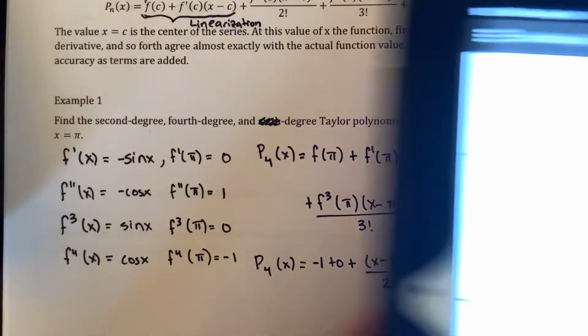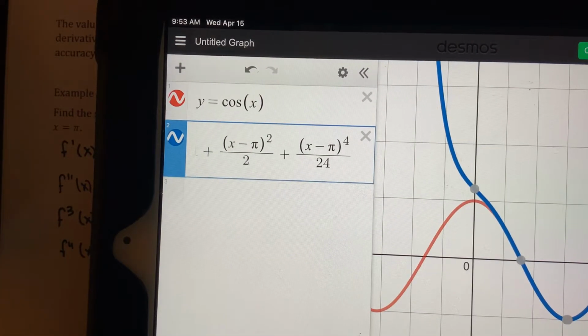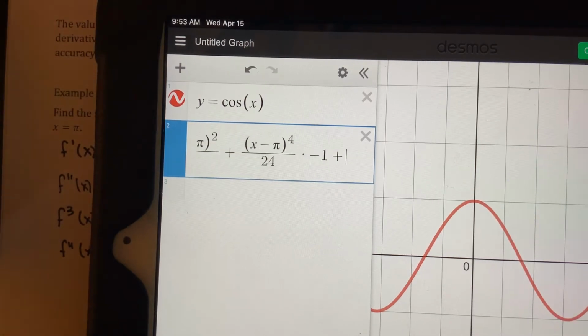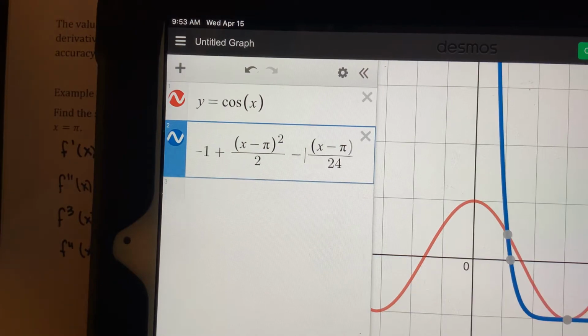When we go into Desmos and look at that, what I have graphed right now is the sixth degree Taylor polynomial. We're going to take out the power of 6, and we're going to make this thing negative instead.